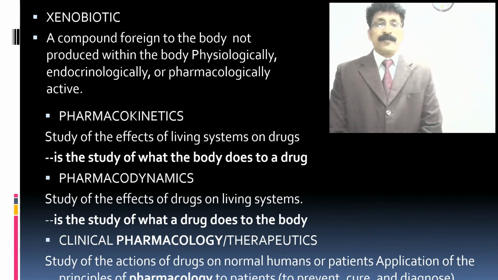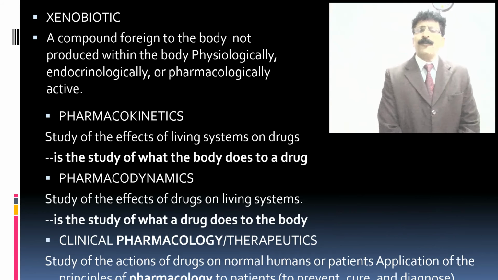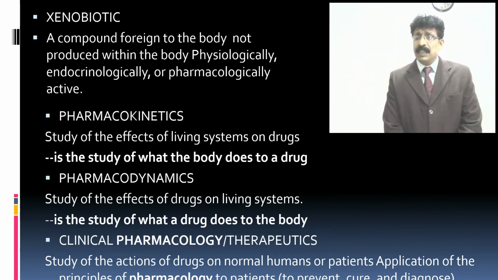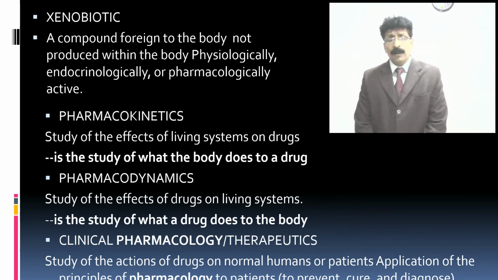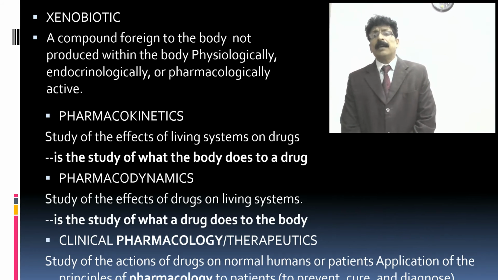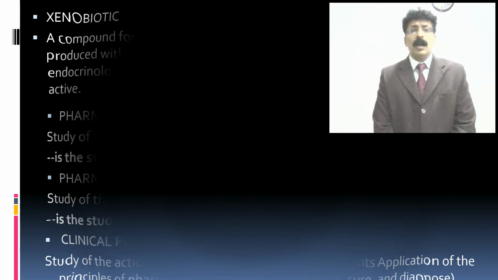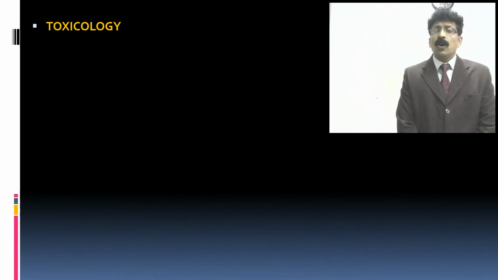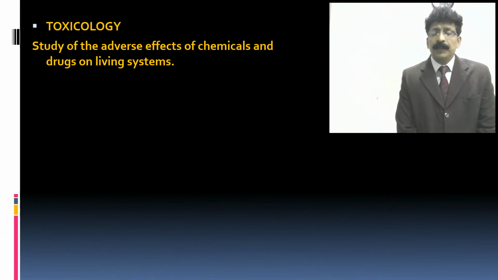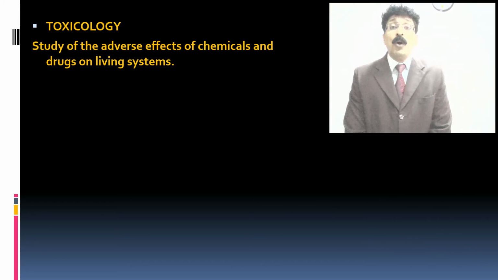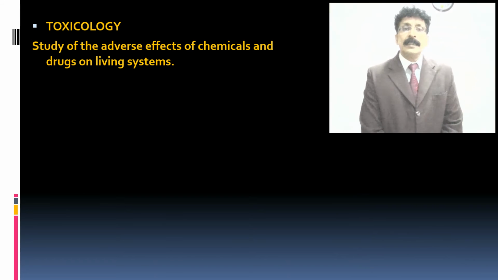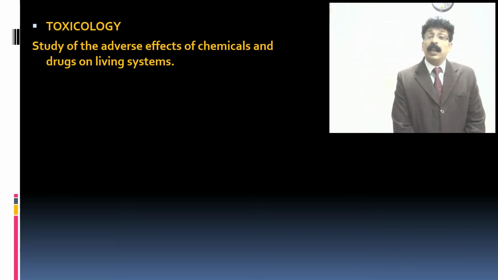So you should know these different definitions for every basic study of pharmacology and also from an examination point of view. Toxicology: we will immediately remember the scientist Paracelsus. It is the study of adverse effects of chemicals and drugs on living systems.